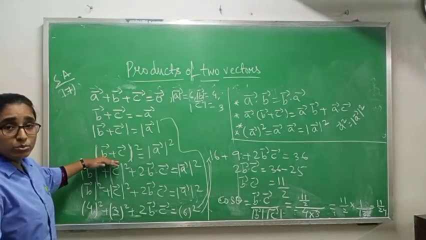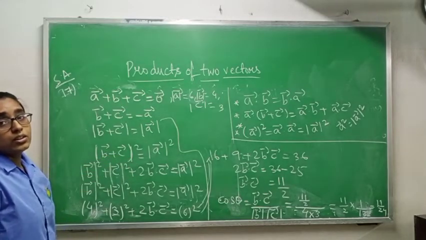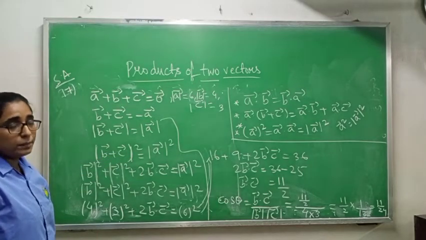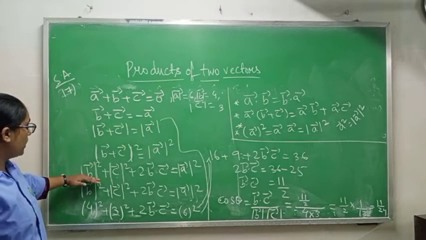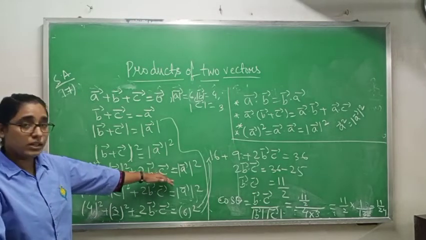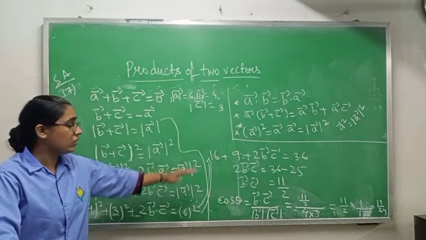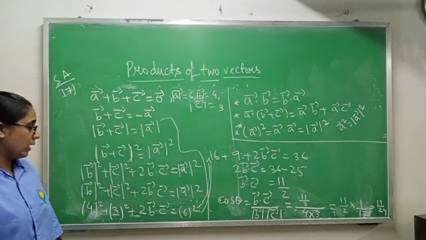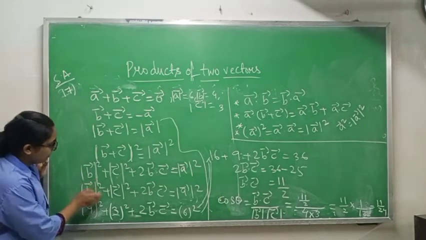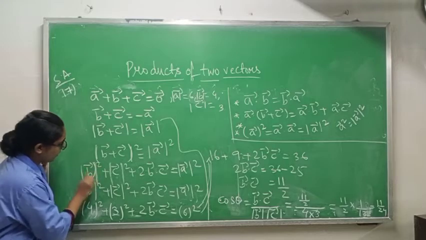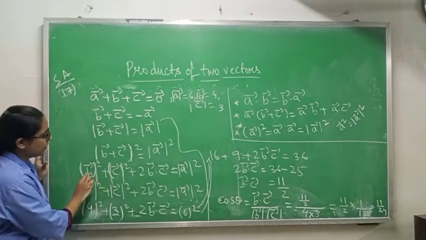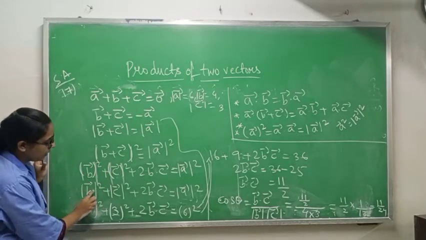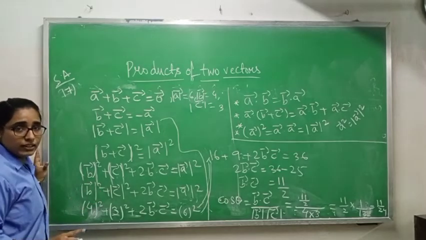Now you can see we can break it using the formula of (a + b) whole square. So a² + b² + 2ab equals |a vector|². Now, in place of b vector square, if I write mod b vector square, will anything change?